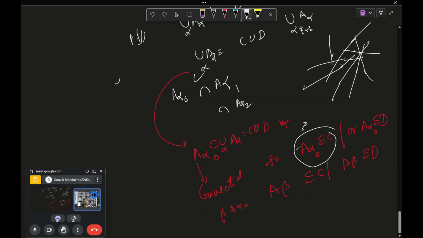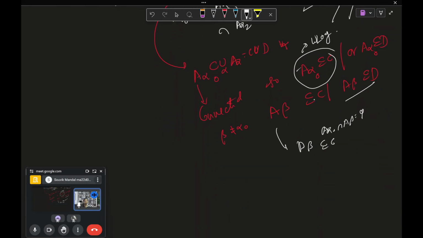Suppose this happens without loss of generality. In the case of beta, if A beta is a subset of D, then the intersection of A alpha naught and A beta is empty, because the intersection is empty. So A beta has to lie inside C, right?